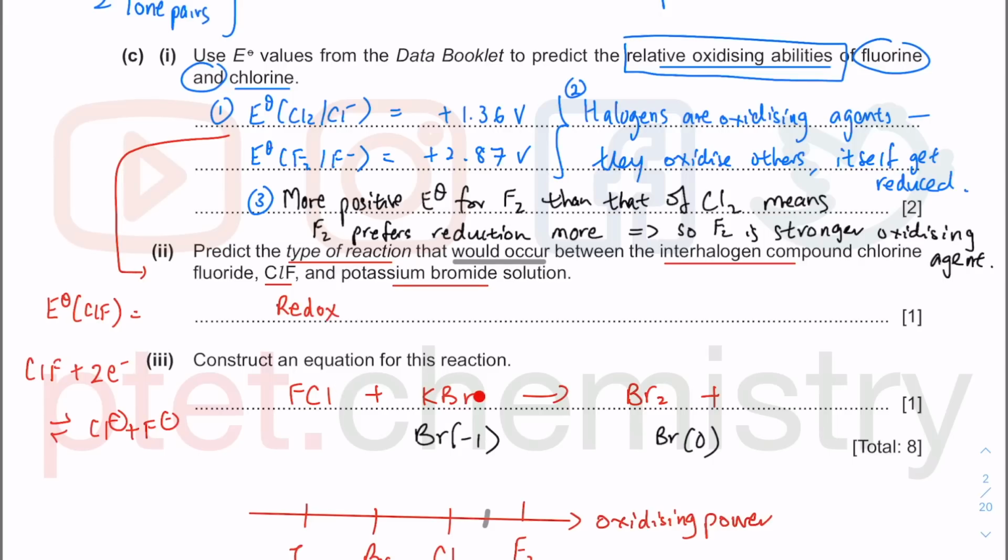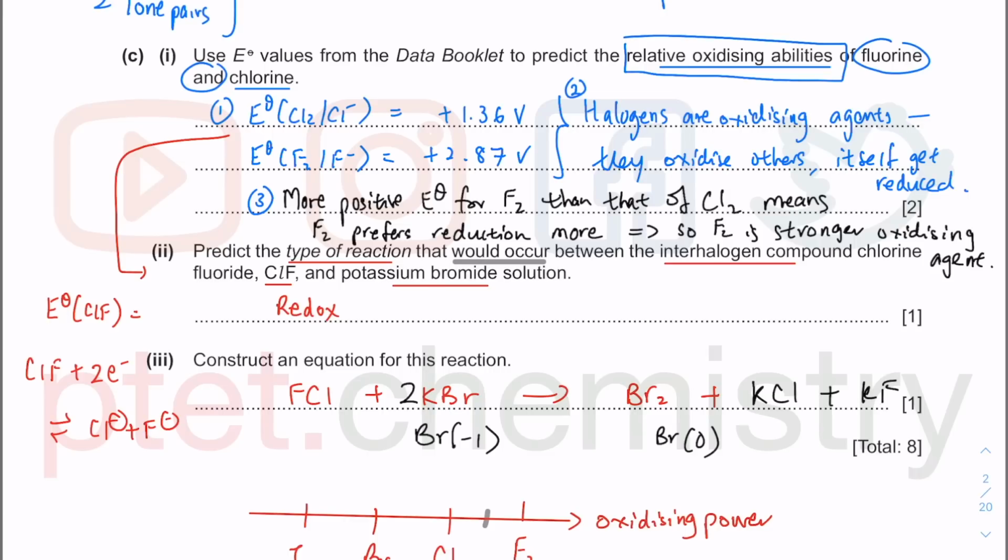FCl is going to oxidize that, and then this will get reduced. So what I'll get is F minus and Cl minus. Instead of the usual 2F minus or 2Cl minus, I get 1 of each because I have 1 of that, and I need 2 of KBr, which balances out the Br, and I will have 2 potassium, so it's KF and also KCl just to balance the equation.